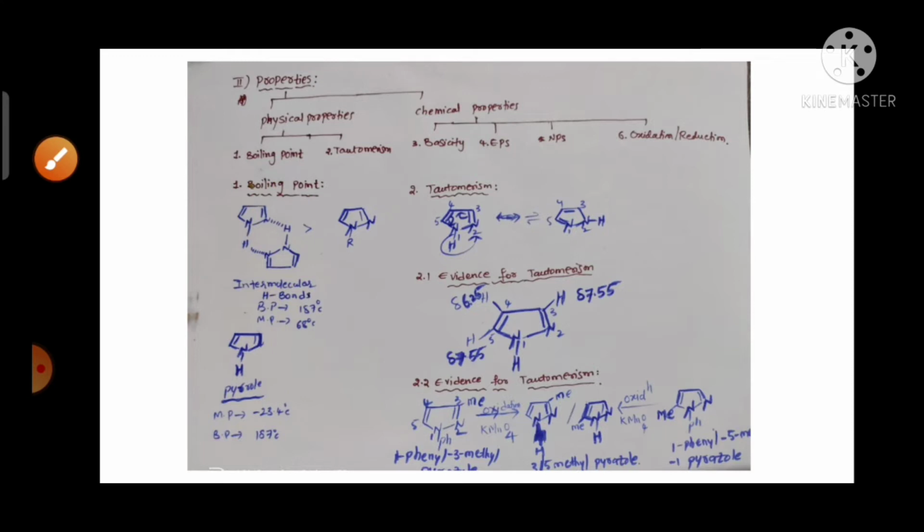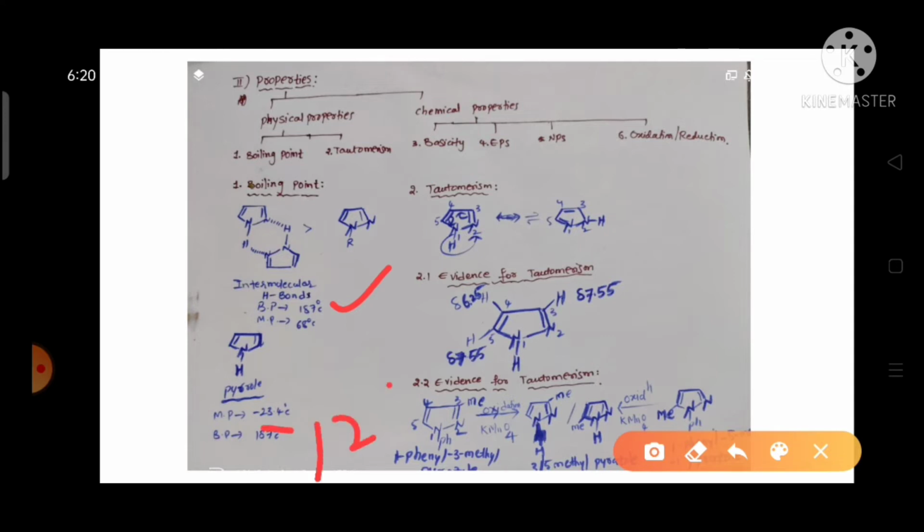Here the boiling point of the pyrazole is 187 degrees centigrade, whereas the boiling point of the 1-alkyl pyrazole is 129 degrees. Actually, it is written a wrong number. It is actually 129 degrees centigrade. Okay, so that is the point we have to remember.